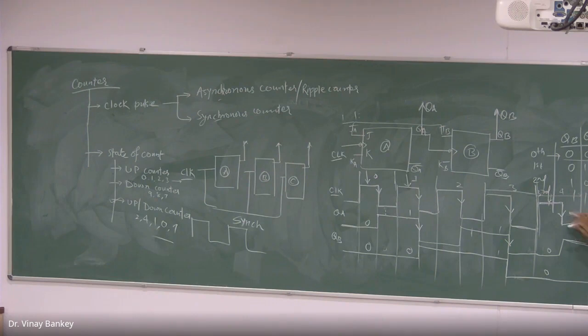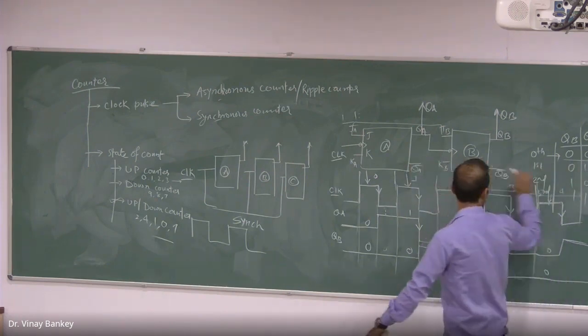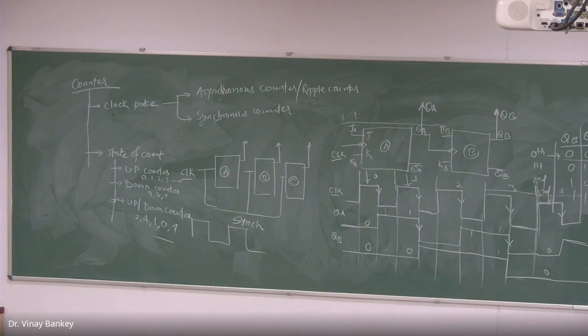It means this arrangement is counting from 0 to 3 only. At the fourth clock pulse, the outputs of QA and QB will again be 0 and 0. That is why this is a counter. It will count 0, 1, 2, 3, 0, 1, 2, 3, like this.